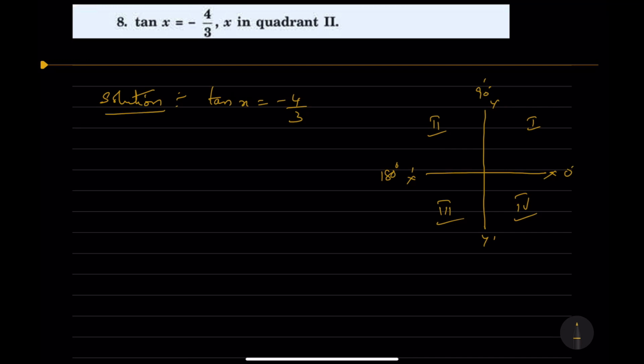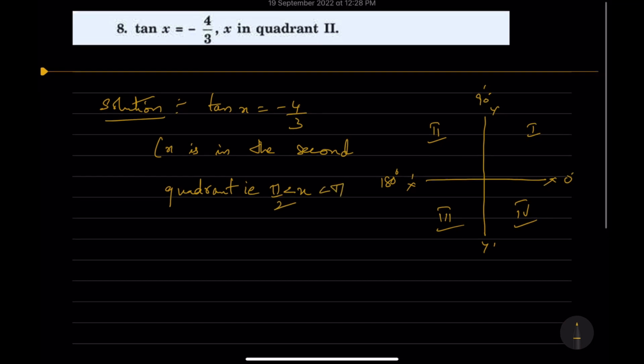So here x is in the second quadrant, that is x lies between pi by 2 and pi, it lies between these two values.